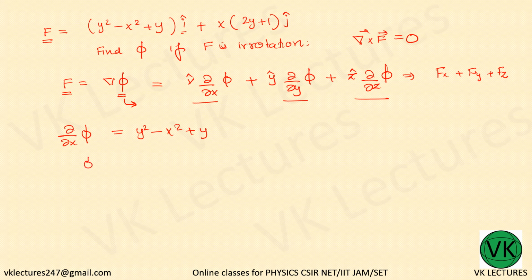Then phi will be equal to the integral of y square minus x square plus y with respect to x. That becomes xy square minus x cube by 3 plus xy. So this is the first term, fx.